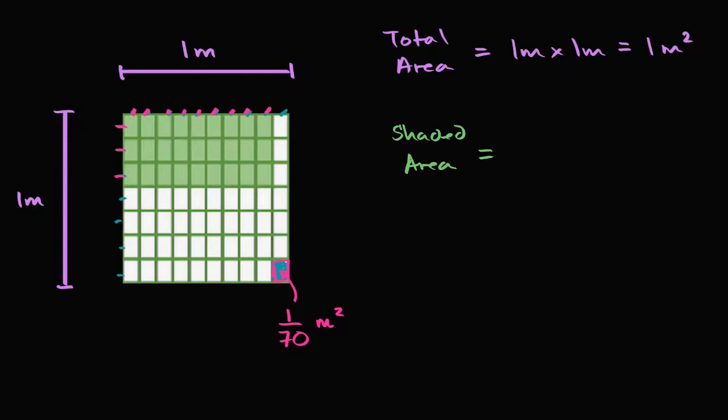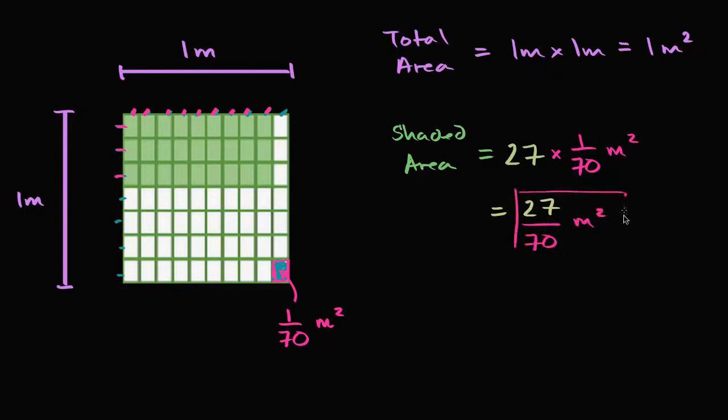So we have 27 of these rectangles, and each of them has an area of 1/70th of a square meter. And what does that give us? Well, the area of the shaded area is going to be 27 times 1/70th, which is 27/70ths square meters. And we're done.